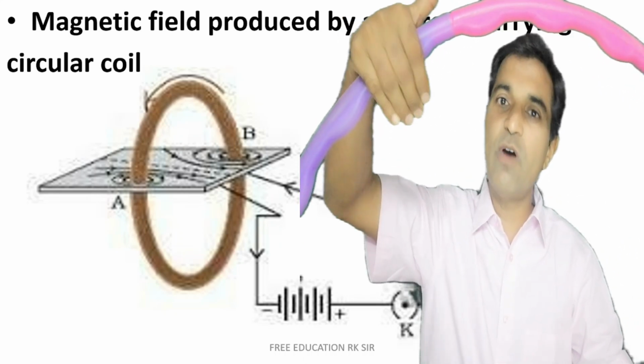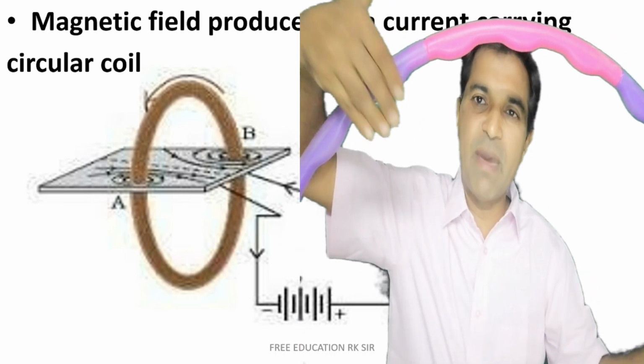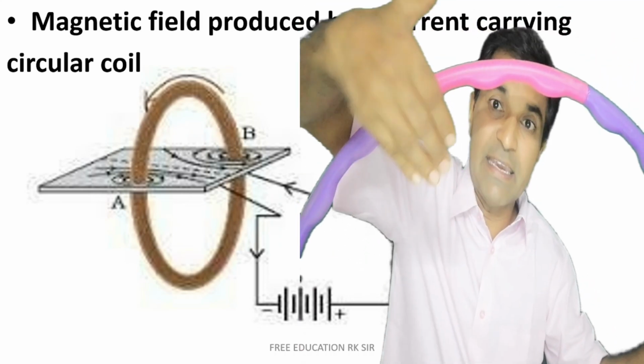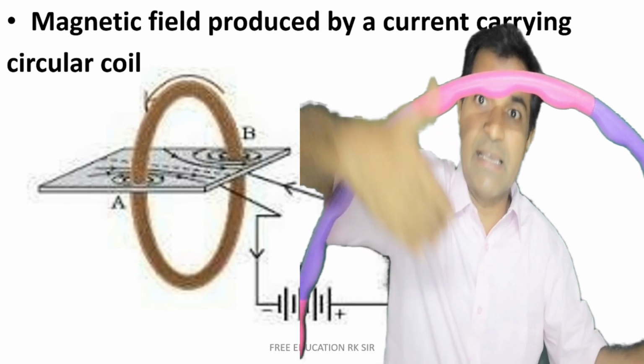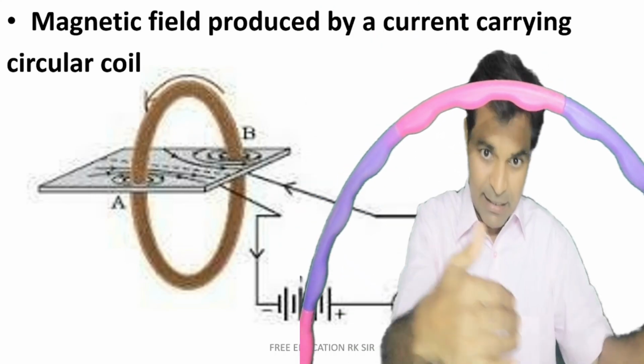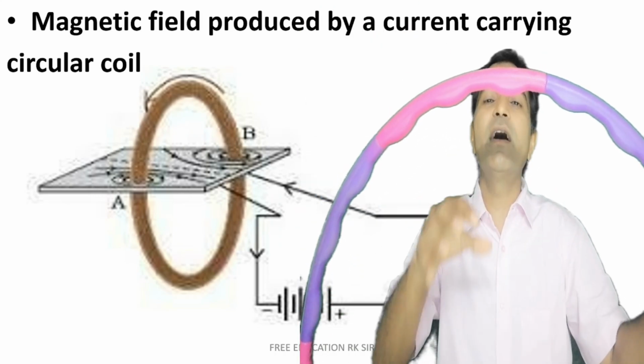So what do we observe? That the direction of the magnetic field is coming inside, coming towards me. It is coming inside the coil.